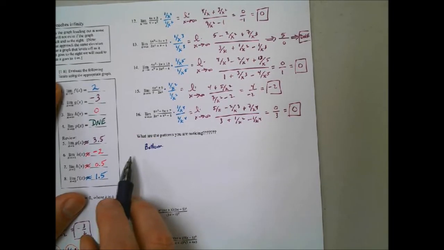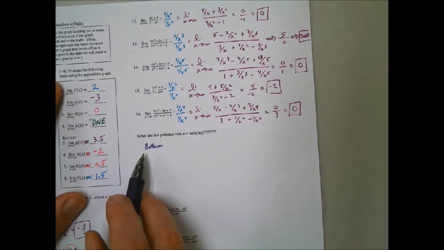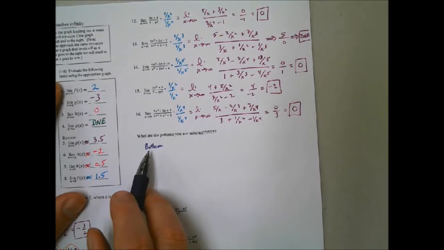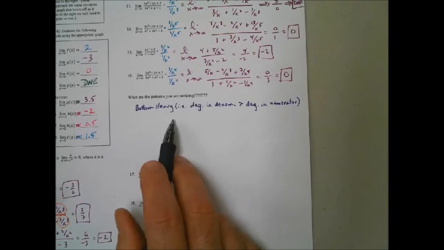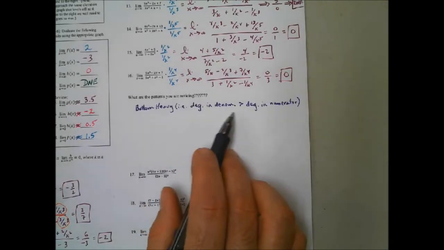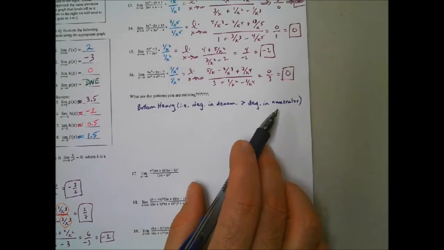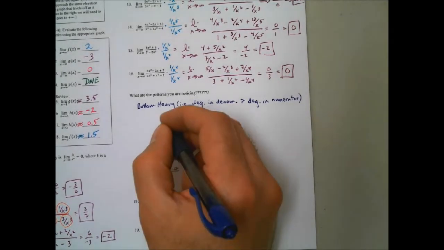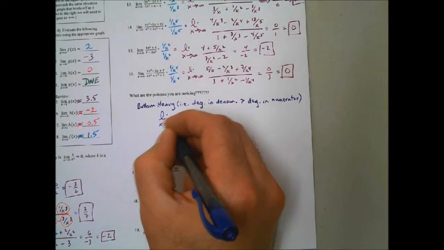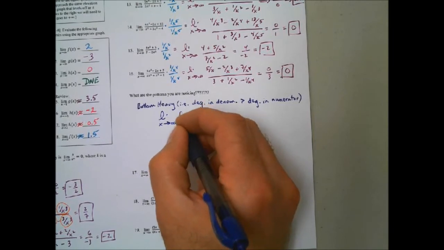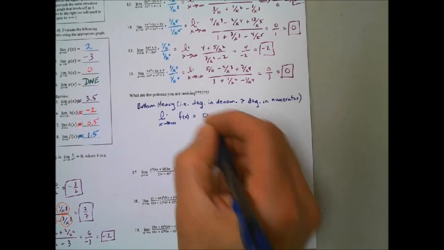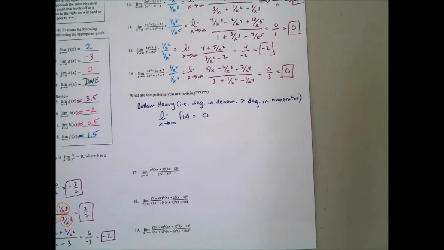You do not apply these to the other type of limits that we did in 3.4, the limits as x approaches some constant. But for limits as x goes to infinity, if the degree in the denominator is greater than the degree in the numerator, the limit as x goes to infinity for that function is 0 every single time.